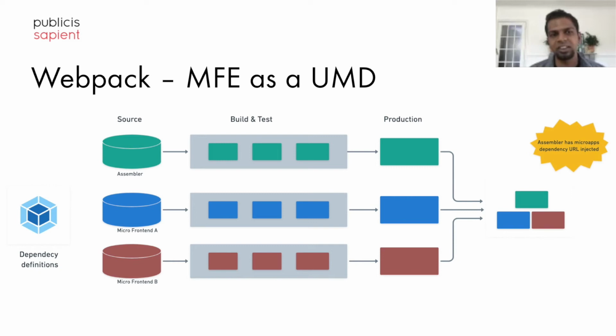The reason for that was, if you guys are aware of it, Webpack 5, which is in alpha stage right now, has module federation with very good support for micro frontend kind of an architecture.